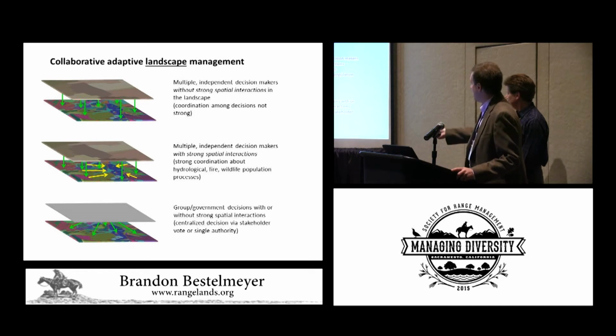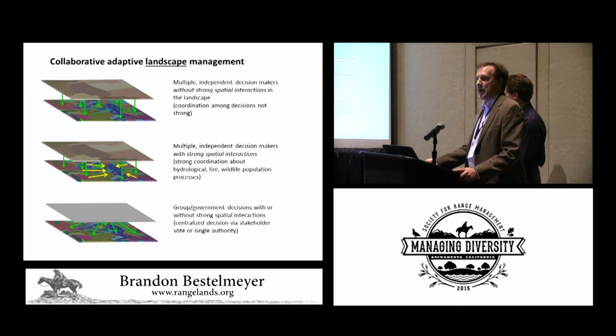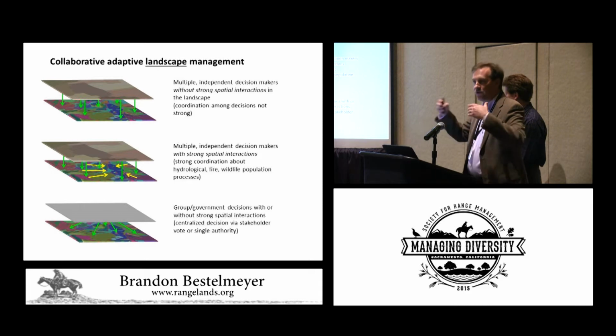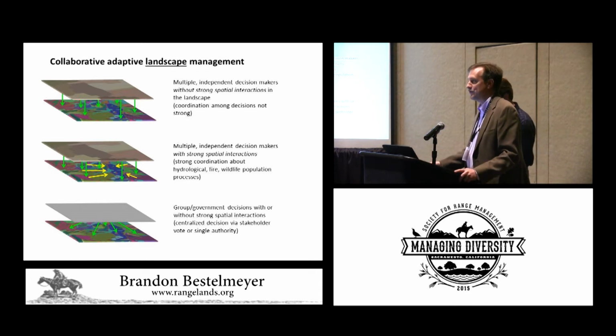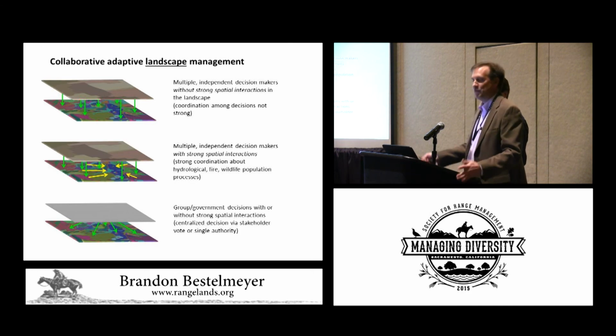And then there may be a collaborative process that occurs at a high level, and a uniform decision is applied across the landscape that may or may not include spatial interactions. So if that wasn't confusing enough, we'll let the speakers, I'm sure, clarify it.